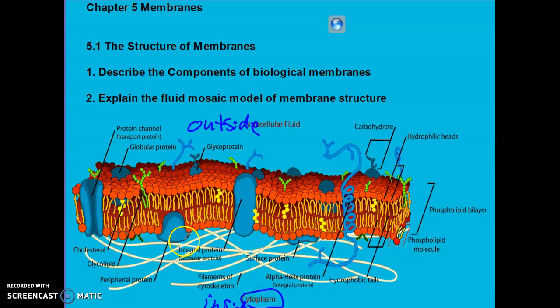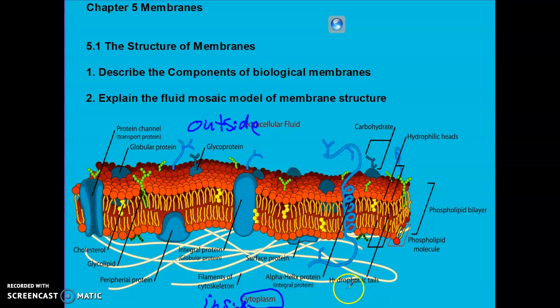Integral proteins, peripheral proteins, so peripheral means just on one side. Glycoproteins, cholesterol, which, I mean, cholesterol gets a bad rap, but we actually need cholesterol in our cell membranes. There are carbohydrate markers here, and so on and so forth.